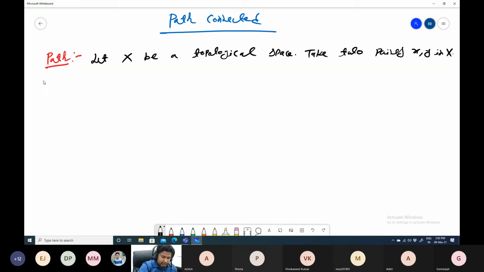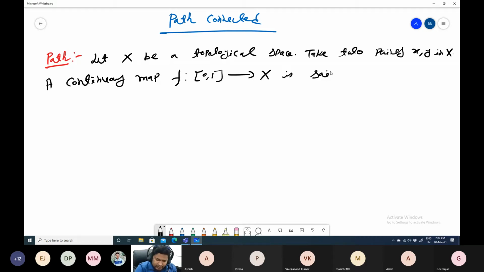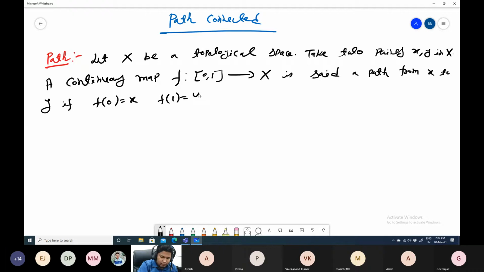So we say that a continuous map f, say from the closed interval [0,1] to X, is said to be a path from x to y if f(0) equals x and f(1) equals y.